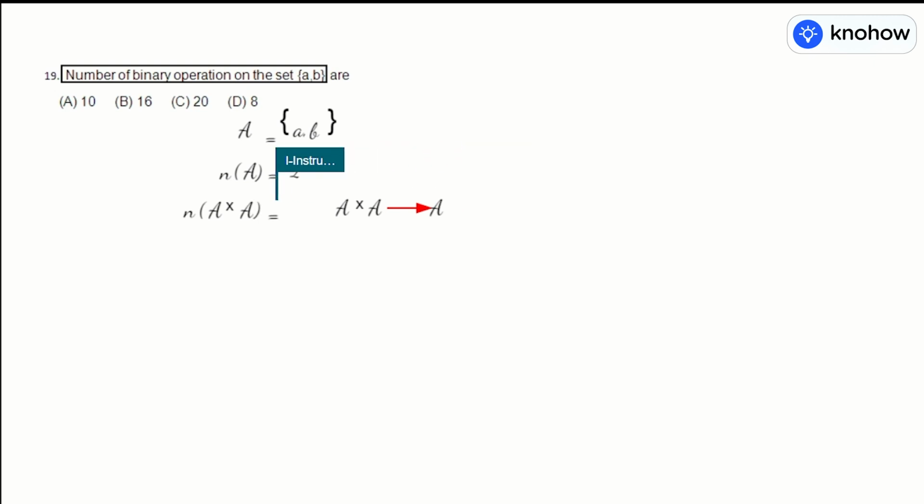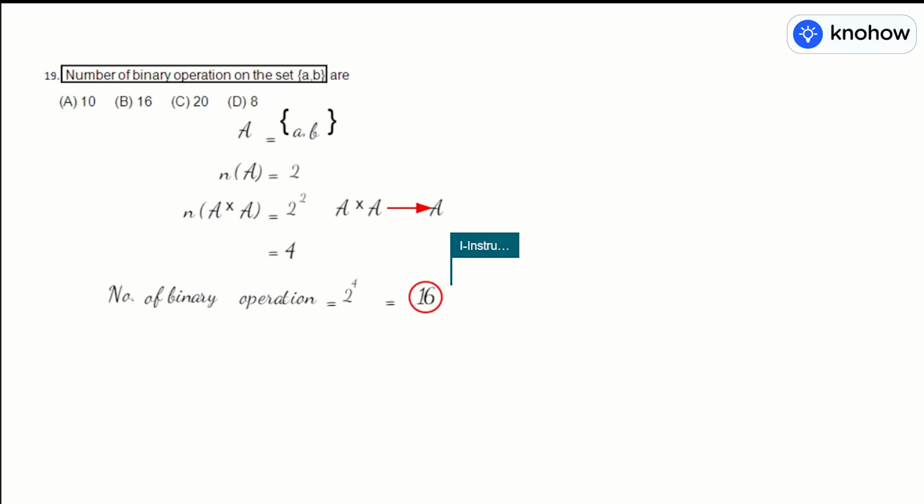A consists of 2 elements, so the number of elements in A cross A will be 2 into 2, that is 4. So now if a set consists of 4 elements, then the number of binary operations will be 2 to the power 4, that is 16.